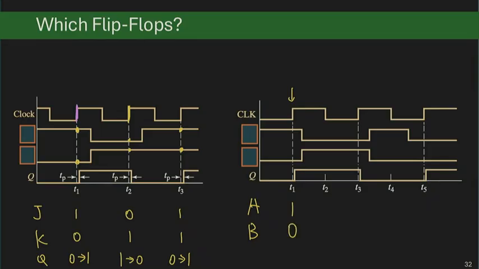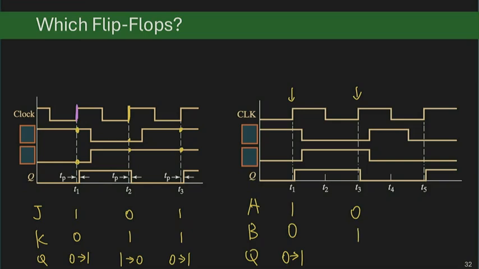They switched the Q, the state, from 0 to 1. And that looks like a set operation. Anyone for the second instance, the second edge? A goes to 0.